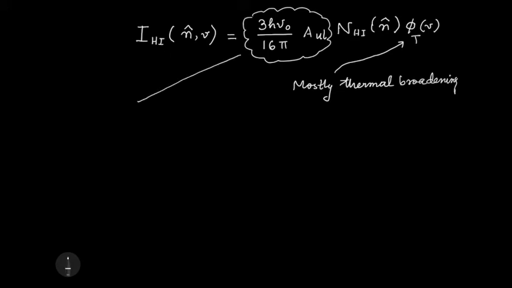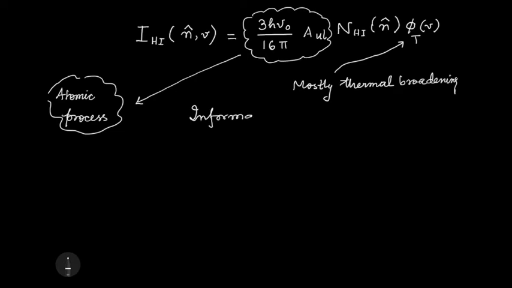Now, if I look at this expression, what I have up to here are all coming from the atomic processes. So they are independent of the cloud. The information of the cloud, there are two. How much is the column density and how much is the temperature?